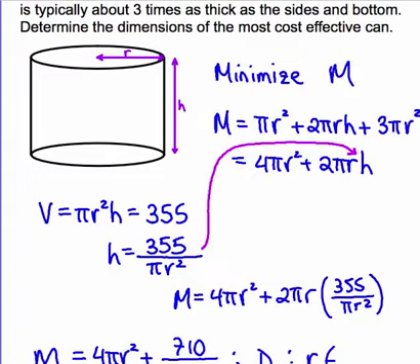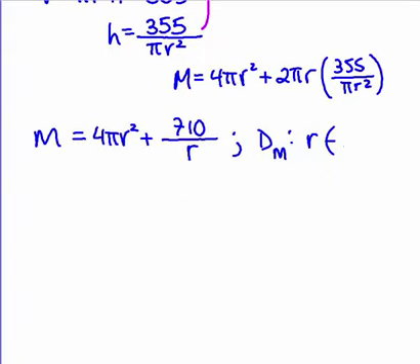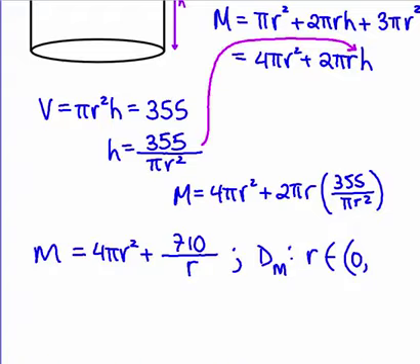It can get vanishingly small. It can get as close to 0 as we want. And by making it very close to 0, the height has to just keep getting longer and longer and longer to accommodate the 355 cubic centimeters. So my minimum radius would be slightly larger than 0. It can get infinitely close to 0. It can't get to 0 because if it was at 0, we wouldn't have a cylinder anymore. And what is my maximum radius?